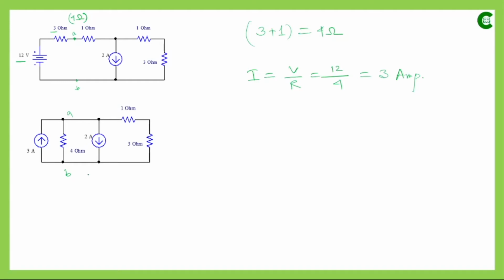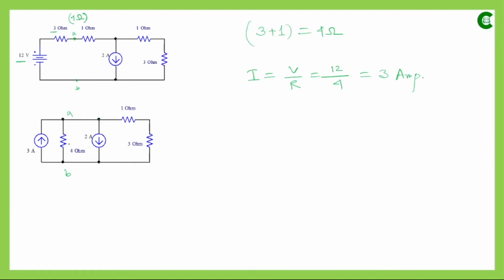Now in this circuit, between the AB terminals we have a current source, and between these terminals these two resistances are connected. Though they are connected in series with each other, altogether they are connected between these two terminals.